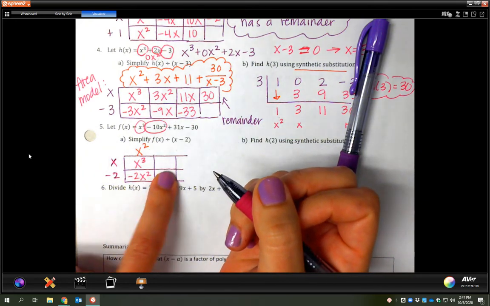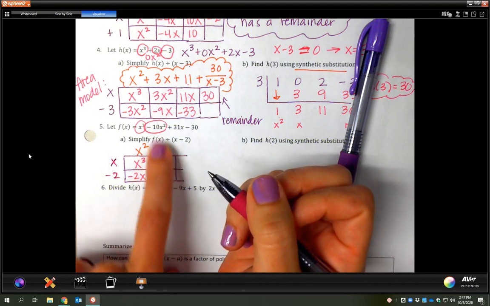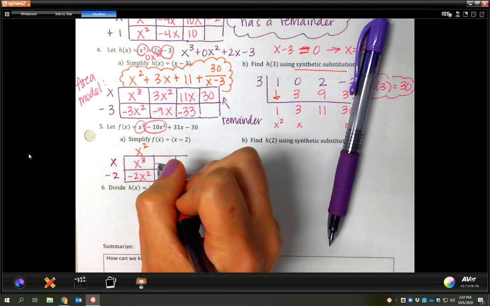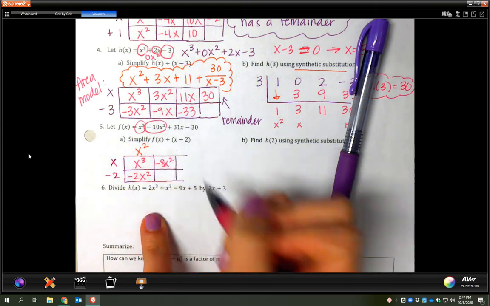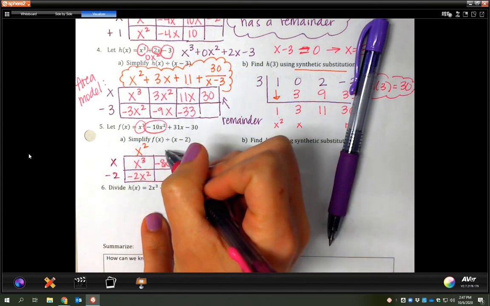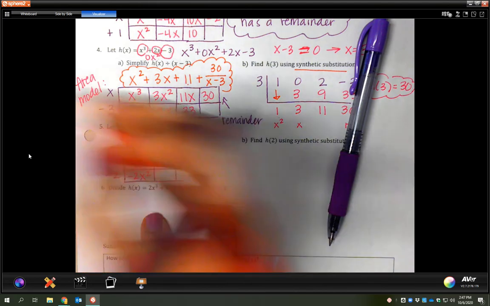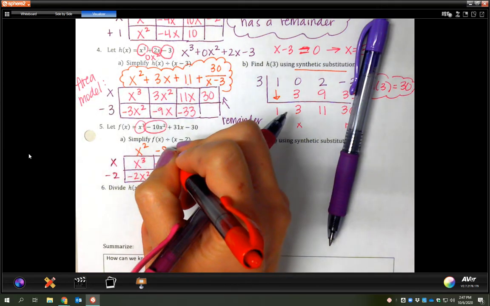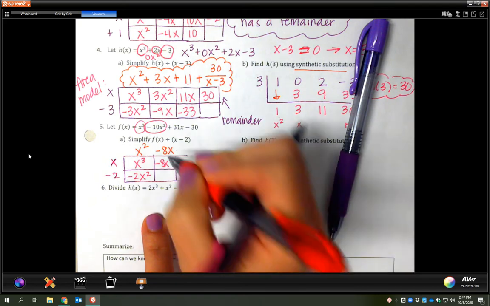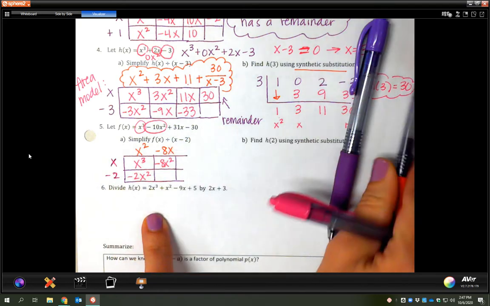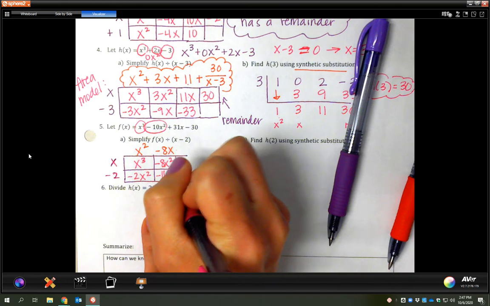I need to figure out what to add to that to get negative 10x squared. Then I'm going to go to the top and figure out what to multiply to x to get negative 8x squared. Negative 8x. Negative 8x times negative 2, negative 16x.